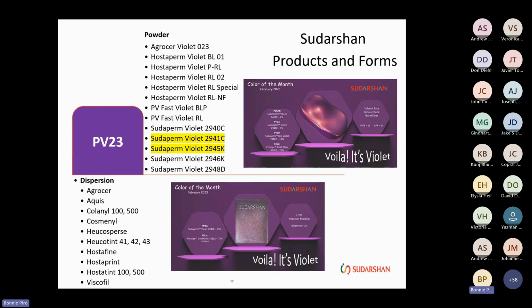What I also try to do in a number of these slides is offer you some color design ideas of what it can do for you. Where I include these, the highlighted items are the products that were used in these particular colors. So in February of 2023, we created this violet color using a couple of the legacy Sudarshan Violet 23s for this particular formulation.